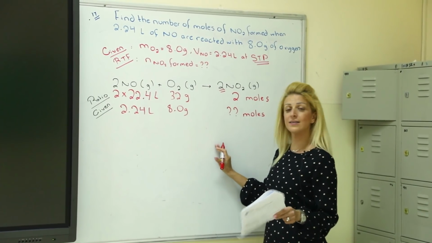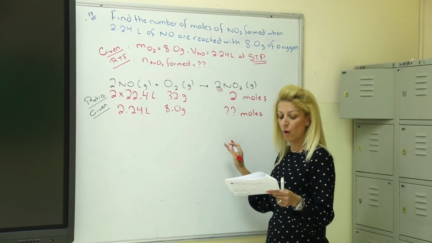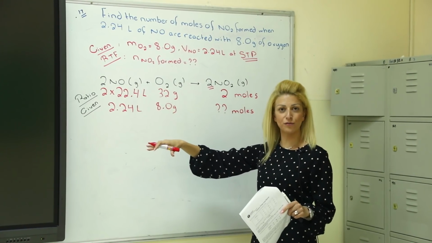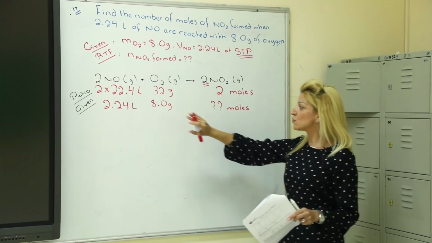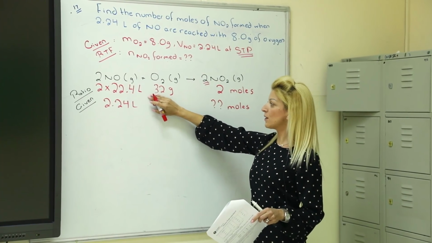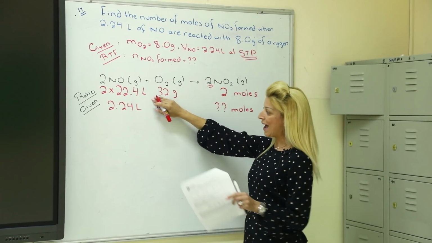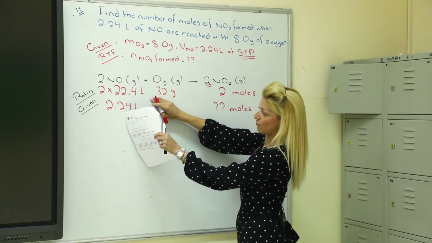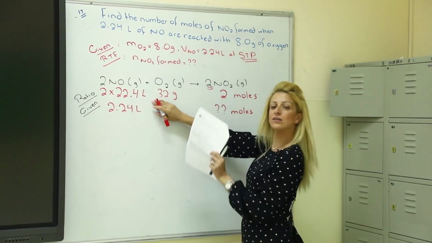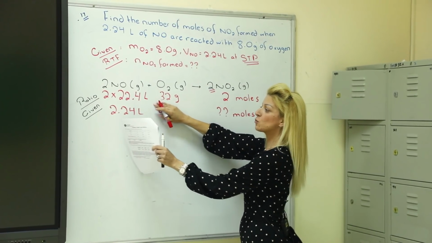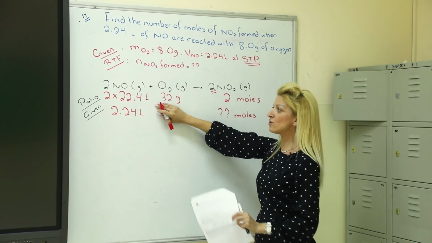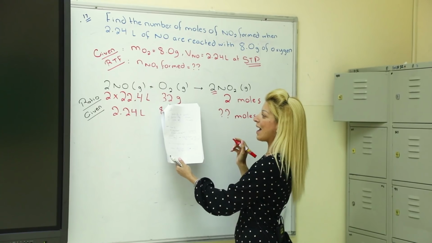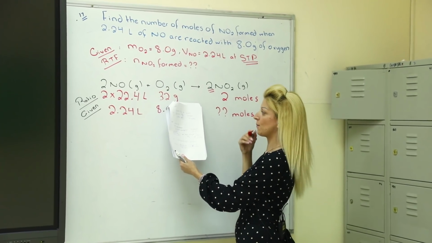What we mean by the hiding method, we will hide one given value out of the two, and we will solve for it as though it is not there. So for example, let us cover the oxygen mass, and let us solve using the other given value. What is the mass of oxygen that will react with 2.24 liters of NO? So we cover the O2 mass and we solve for it as though it is not there.